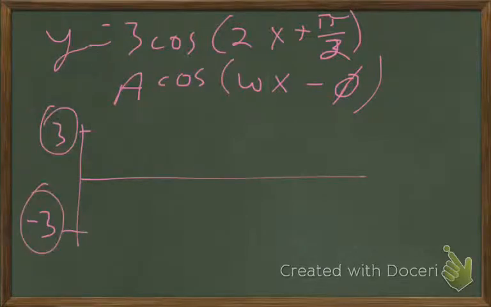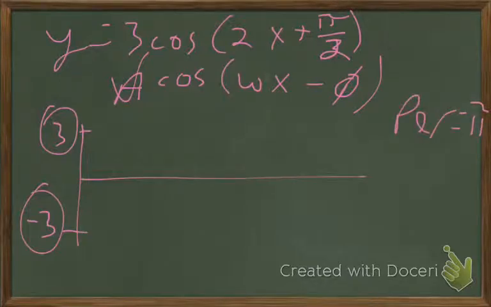We already got that guy. Okay, next is our w. Our w ends up giving us our period. Okay, typically it's 2 pi, so it's 2 pi over w, so 2 pi over 2 ends up being pi, so we know our period is pi.